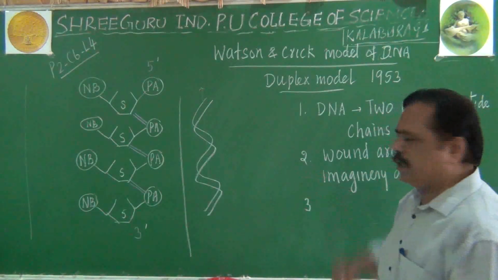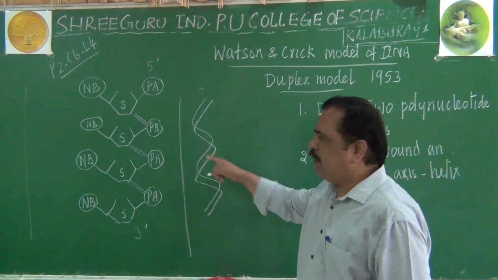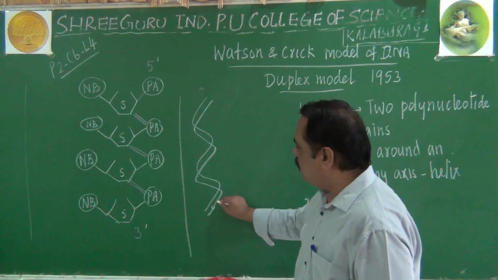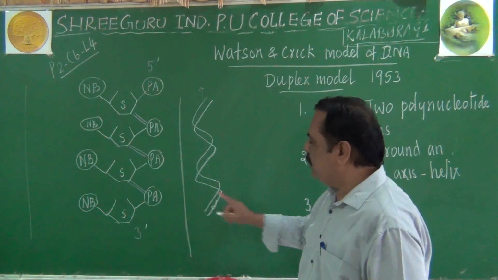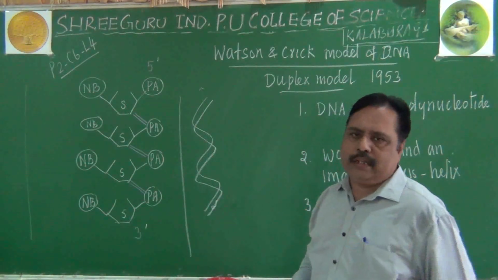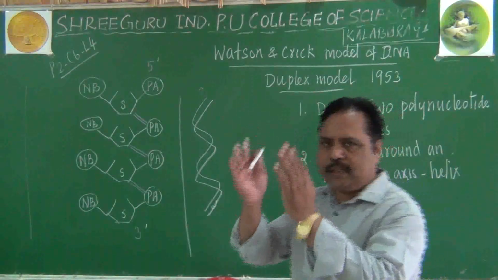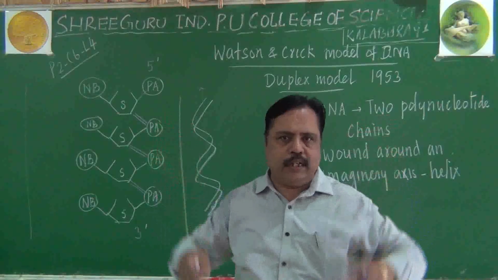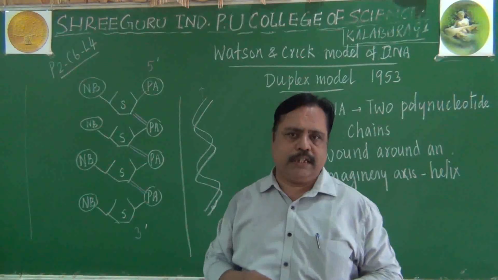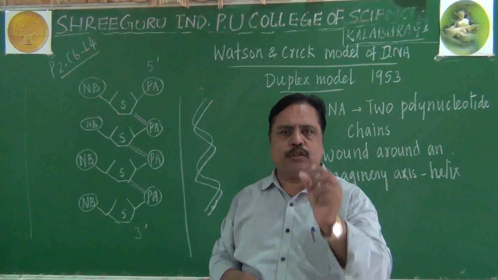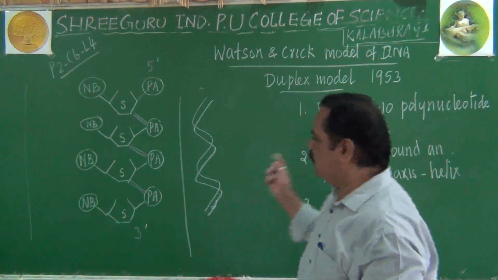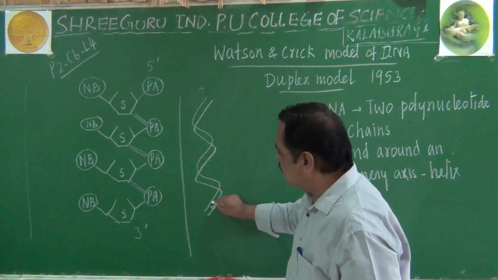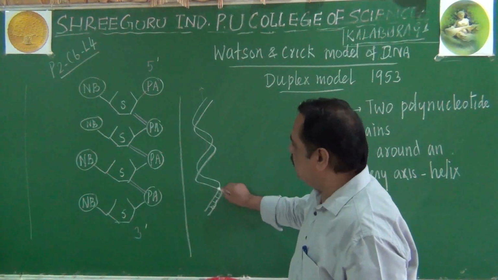The third point we have to remember here is, in this helical staircase, sugar molecules and phosphate groups form the backbone of the helix. Please remember, a staircase has a rail on two sides, otherwise called the backbone of the staircase. So sugar and phosphate form the backbone of the helix, whereas nitrogen bases form the steps of the helix.